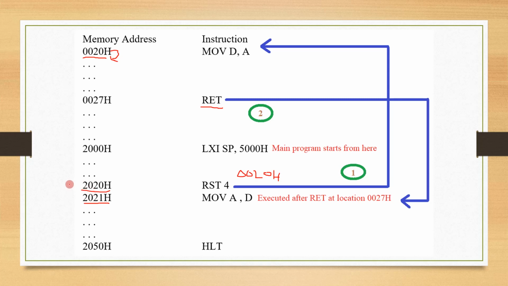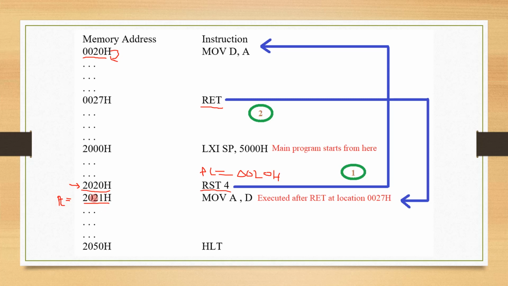For example, currently the microprocessor is executing this instruction, but the program counter will point to the address of the next instruction which is to be executed. But when it has to jump to 0020H, the program counter should point to 0020H rather than pointing to 2021H.